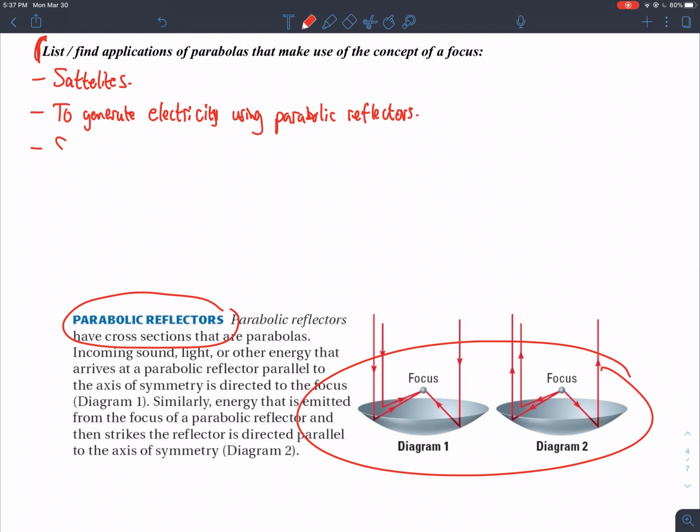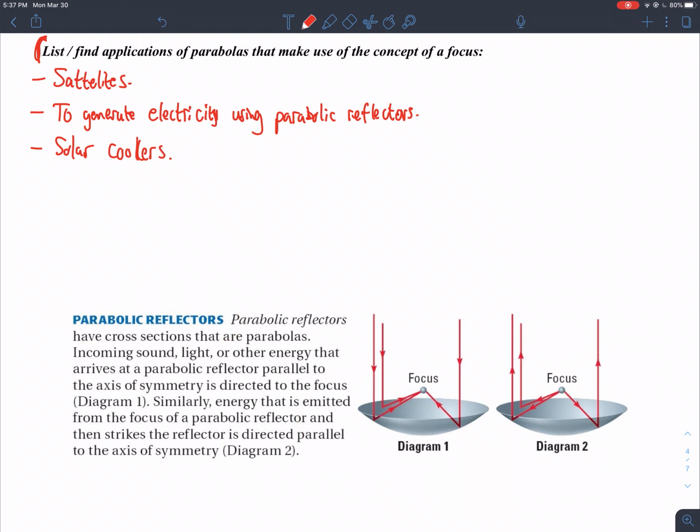And then the other one, that's more fun, that you may have seen depending on where you lived in the States, is a solar cooker. You can actually use the sun's rays to heat food without any electricity. It's like a barbecue without you having to make the fire.